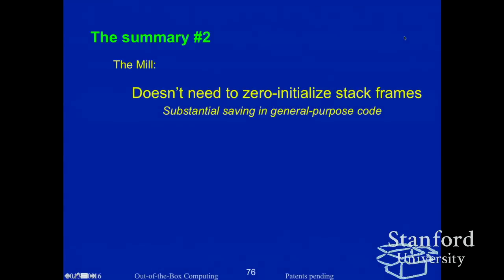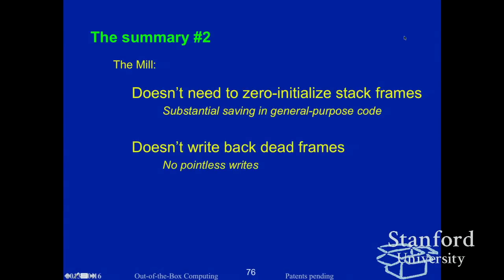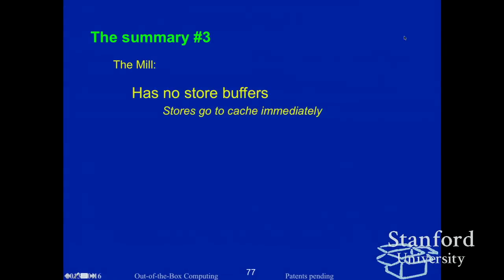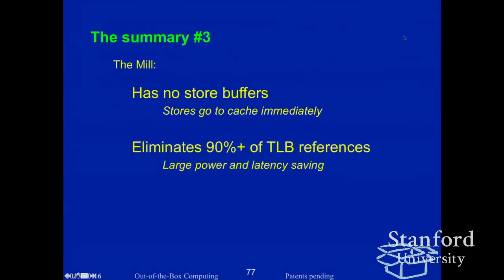It doesn't need to zero initialize stack frames. It doesn't write back dead frames. It prevents uninitialized frame bugs. It has no store buffers, as opposed to 50-odd on something like a Haswell at extraordinary cost. Stores go to cache directly.